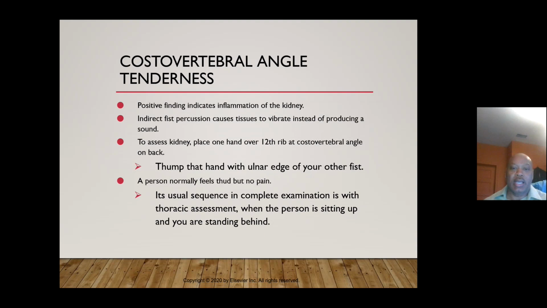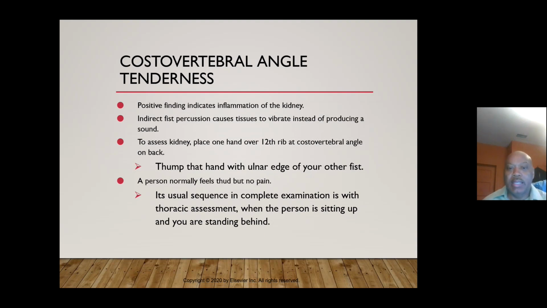There's an example in your book for you to take a look at, around page 543. And of course, if there is tenderness, it does indicate inflammation of the kidney.